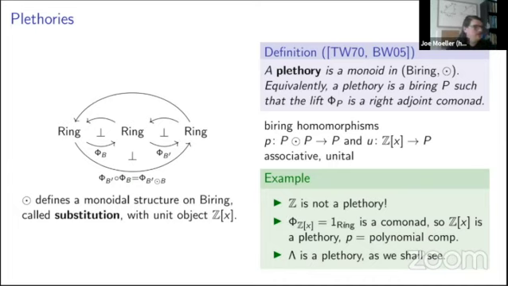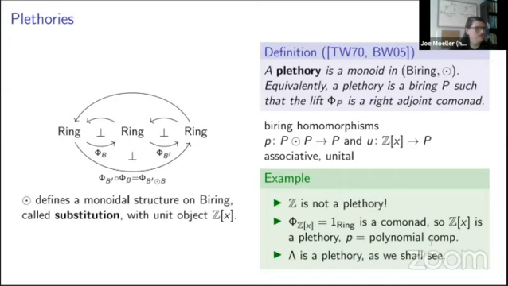But the identity functor on the category of rings is obviously going to be a comonad, and that's an easy way of explaining that the ring of polynomials is a plethory, and the plethism operation is exactly polynomial composition.